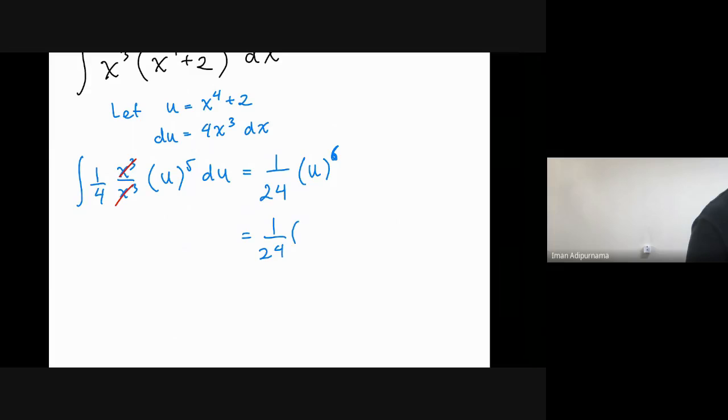Let me write this as x to the 4 plus 2, to the power of 6, plus c. And this is the final answer. So the idea is how we choose our u to substitute the elements of the function.